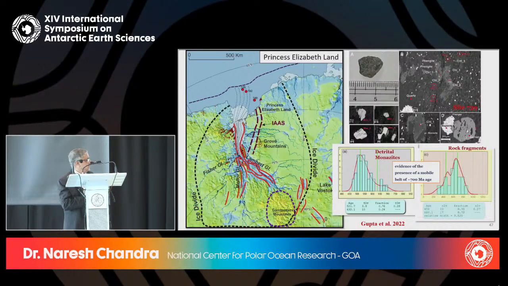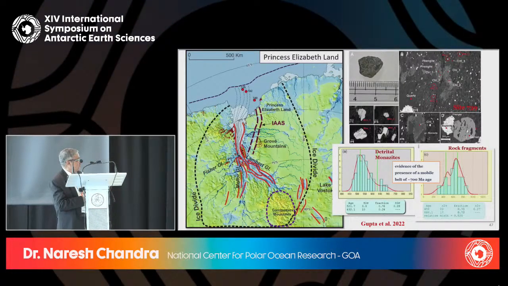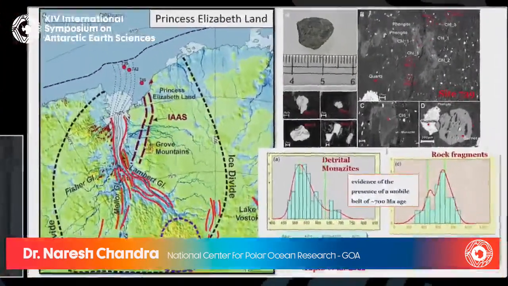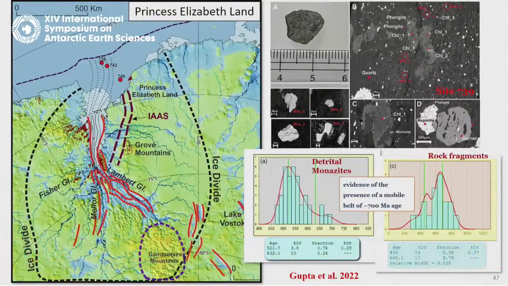Importantly, the rock fragments give us an age which is around 700 also. So the influence of the mountain building activity is probably there, a little bit in the hinterland too. Now this rock fragment doesn't match with the outcrops which are present. That is, it is a relatively low-grade metamorphic rock. And the sourcing, the way it is coming, could be from the foothills of the Gamburtsev Mountains.